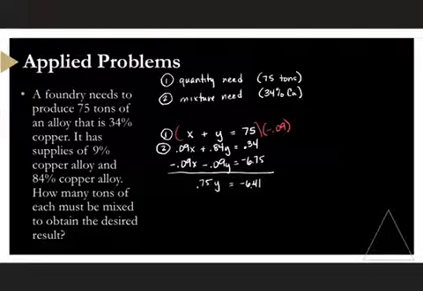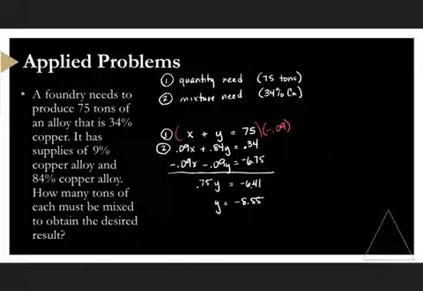And we add them all up. 0.75y equals negative 6.41. So we're going to divide 6.41 by 0.75, and we end up with y is negative 8.55.